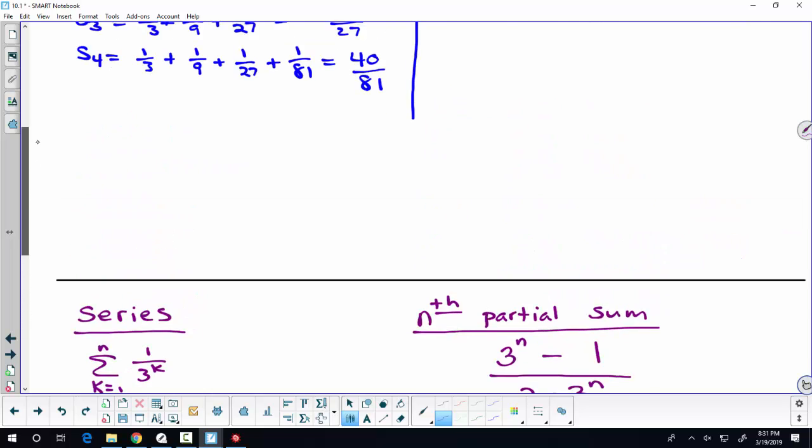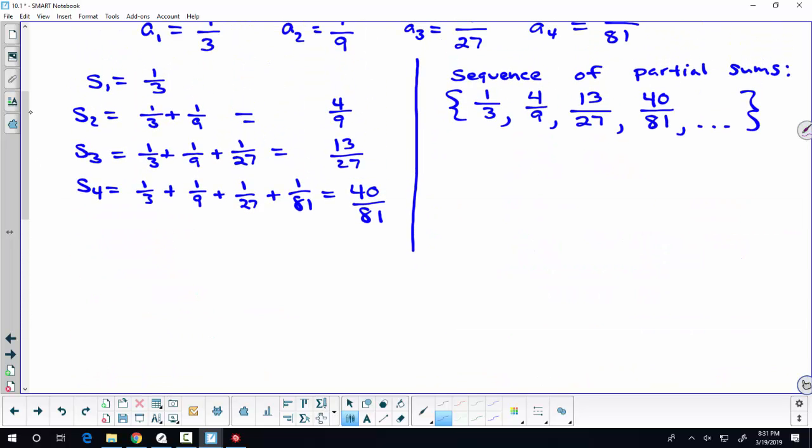If we would have 3 to the 4th plus 1 over 2 times 3 to the 4th. No, 3 times n. Oh, so this is not 3 to the n on top. It's 3 times n. And then just the same thing on the bottom. But I guess what I'm saying is you can have different equations.